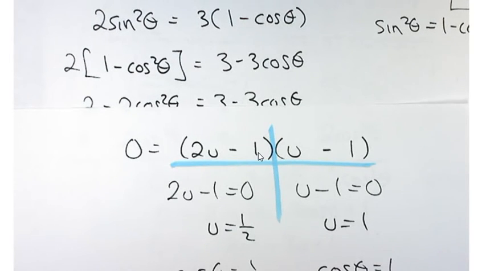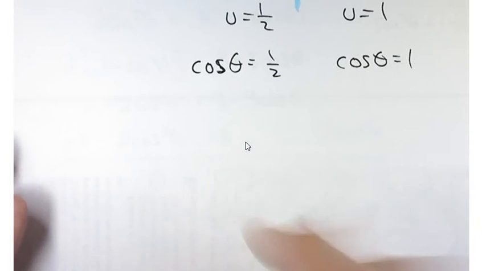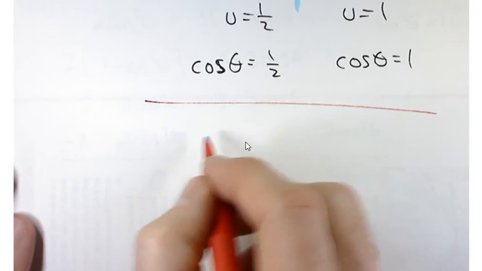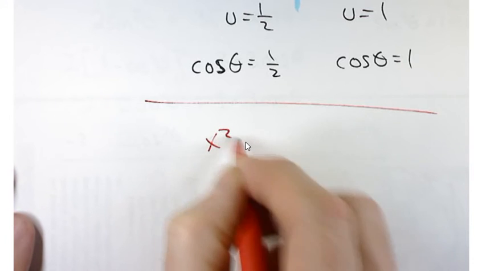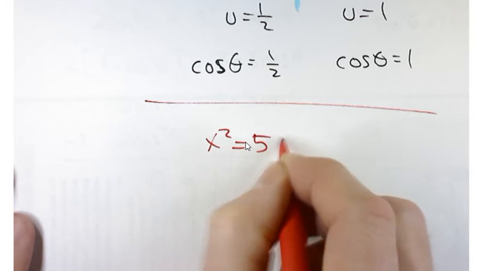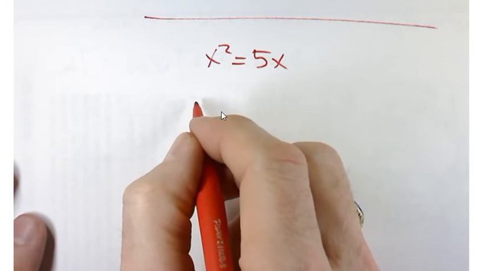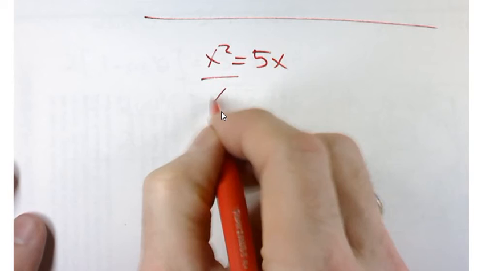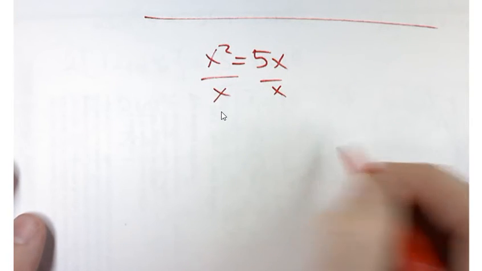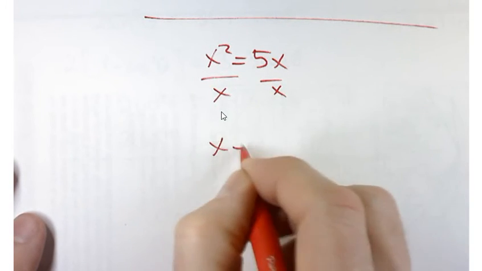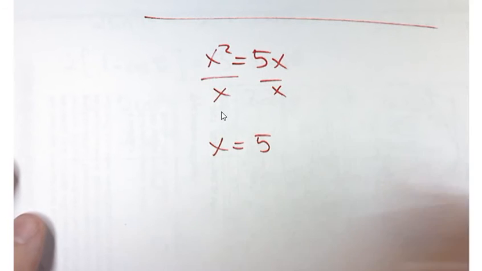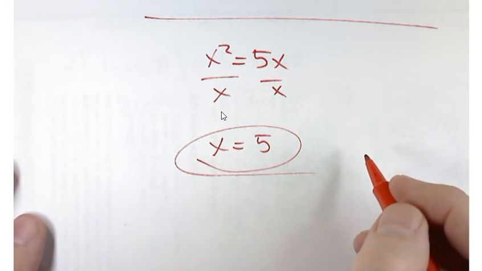I'm not sure what law of algebra you would break, but let me show you like this. If I have x squared equals 5x, there's a couple ways I can solve this. I could say, let's divide both sides by x. Cancel out the common factor. That leaves me with x equals 5, right? But that's only one solution.